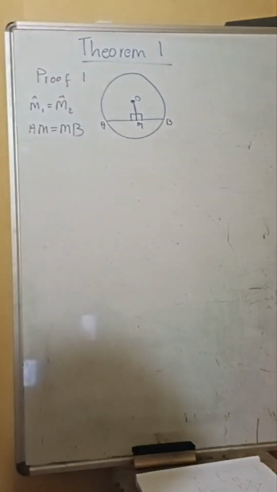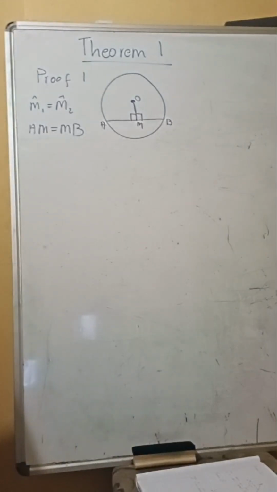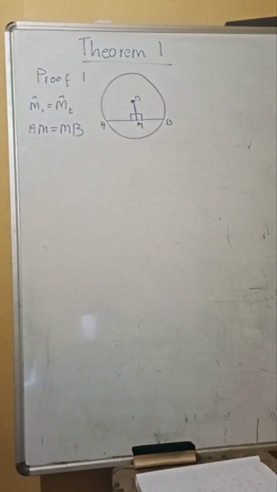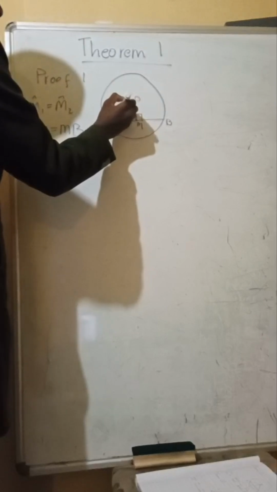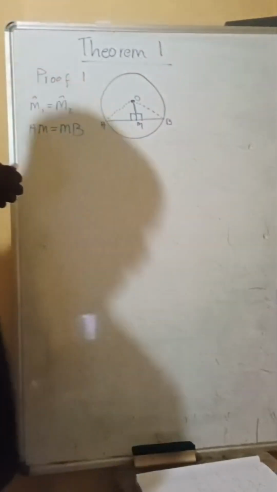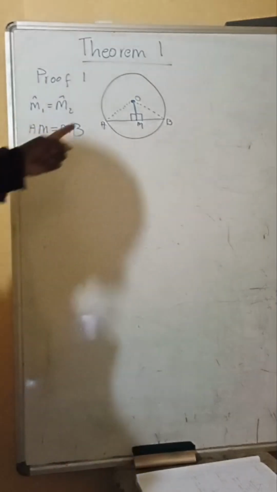How do you prove that AM is equal to MB? The first thing that you're going to do here, you are going to join OA and OB with dotted lines. And then from there, the second step, now we have how many triangles?